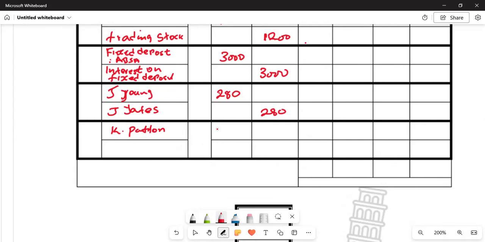So we are going to write 102. And then we're going to have interest receivable, where now we're going to credit 102.